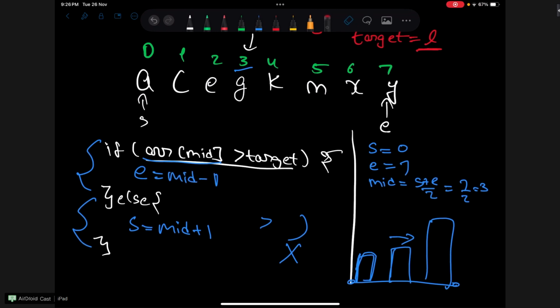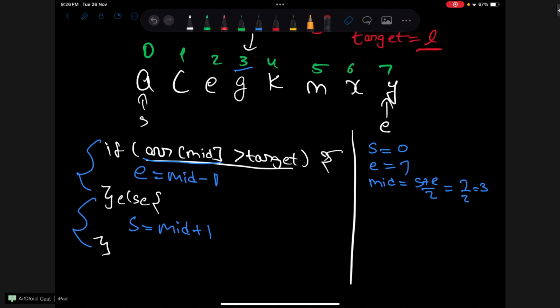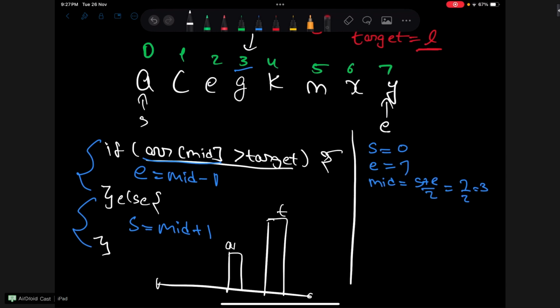Let me explain again why we did this. If you draw a number line, array of mid was right here, and we check if it is greater than target. But since we are executing the else block, it is not greater than target. So array of mid must be smaller and target must be larger. So this was the target and this was array of mid, I'll just call it am.